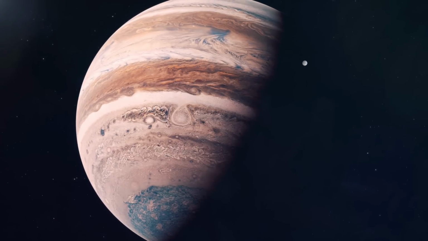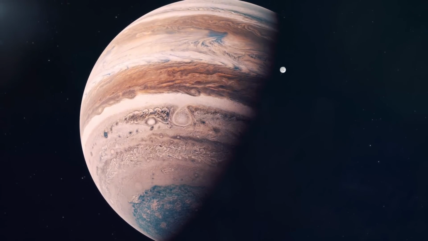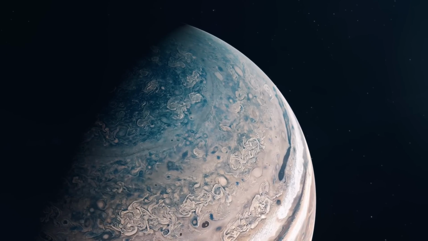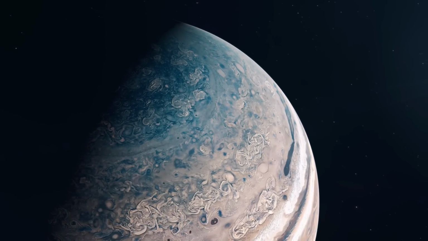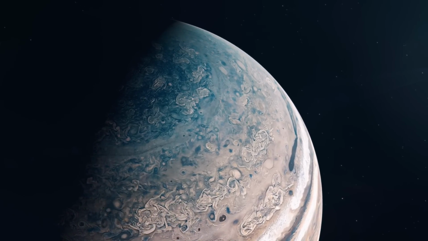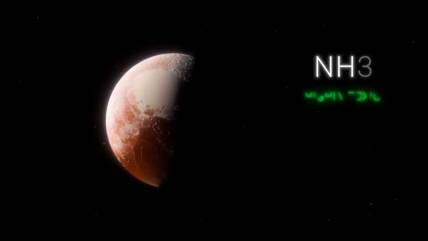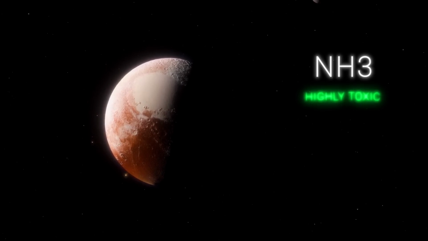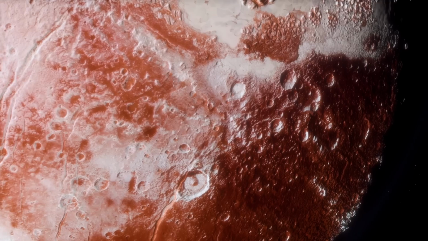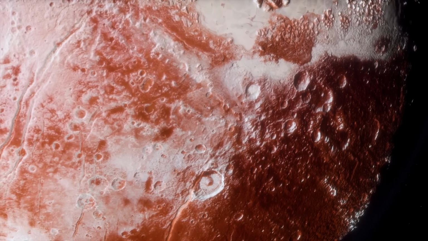For example, scientists speculate that liquid ammonia, which is common on Jupiter and Pluto, could serve as an alternative to water. However, NH3 is highly toxic, which may prevent silicon-based life from developing, but scientists have yet to test this theory. In addition to liquid ammonia, another potential solvent is sulfuric acid.